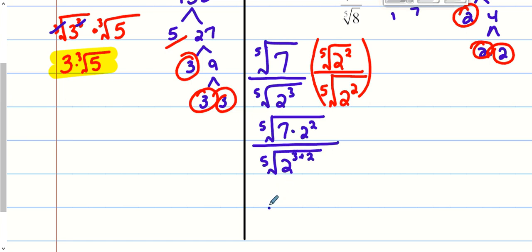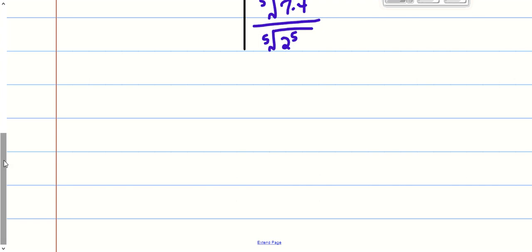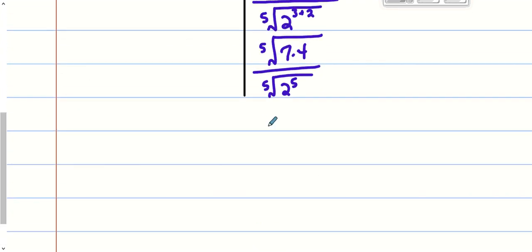So I've got the 5th root. I'm going to go ahead and simplify that top, so that's 7 times 4, not totally simplified yet, but working on it, over the bottom is now the 5th root of 2 to the 5th, because 3 plus 2 is 5. All right, so let's keep working on this here. 7 times 4 is 28, so I now have the 5th root of 28 over, and my 5th root and my 5th power cancel.